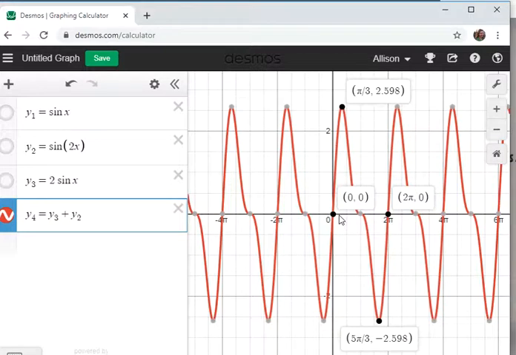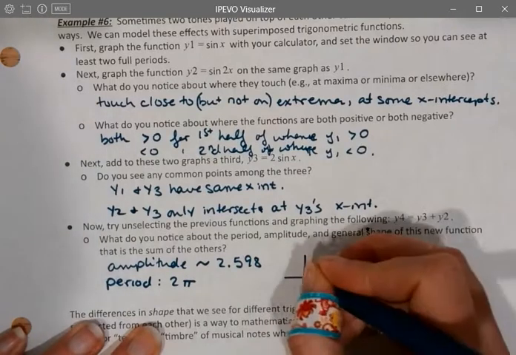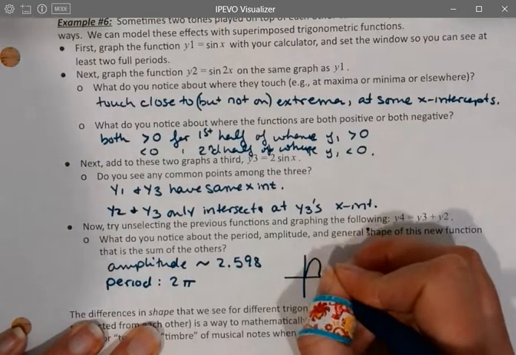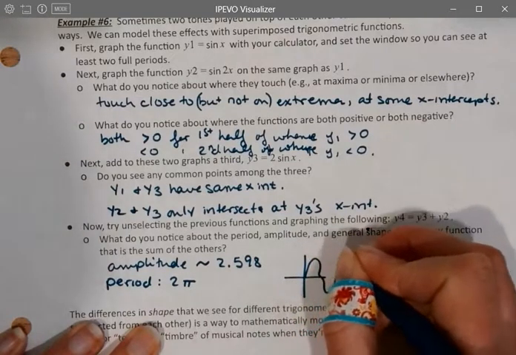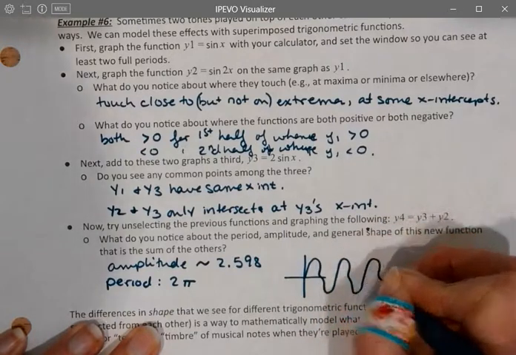And then the general shape of this function, it's kind of like a sine wave, but it has that weird swish. So we'll just draw a little bit for its new shape. So instead of a regular sine wave, we're going to swish as we come down, but not on the way up.